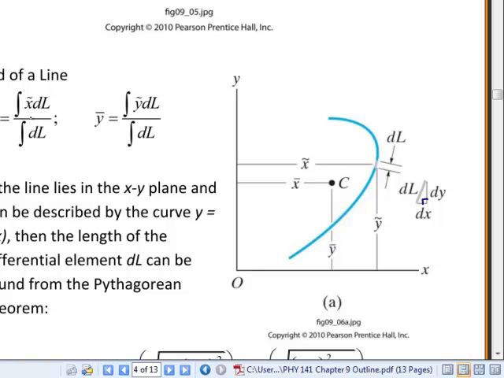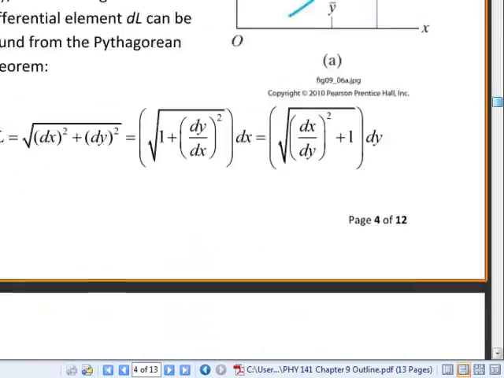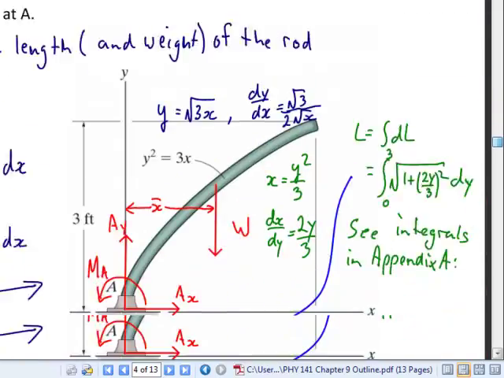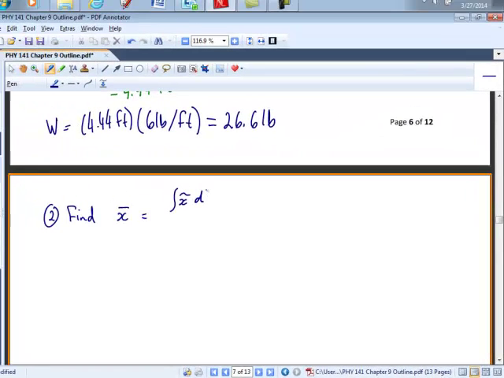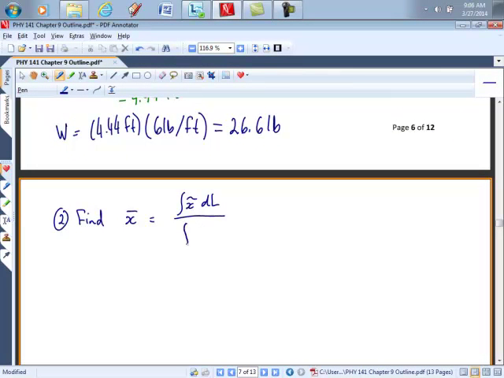So x tilde would just be x. So our centroid is equal to the integral of x tilde dl over the integral dl. We're not going to integrate dl again. We know what the integral dl is. We will have to integrate this one, though.